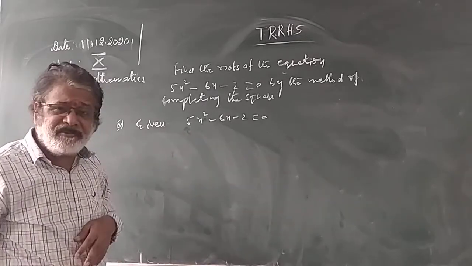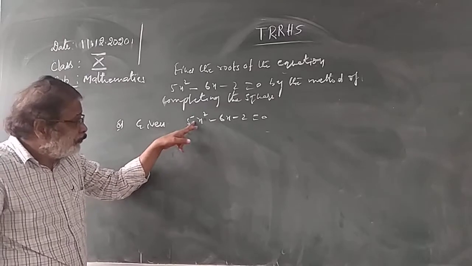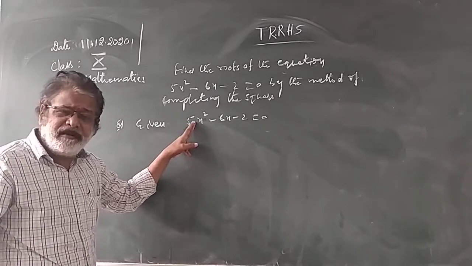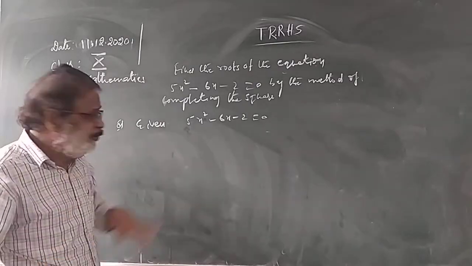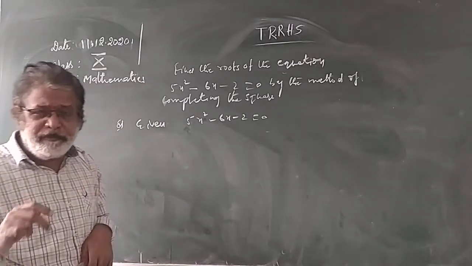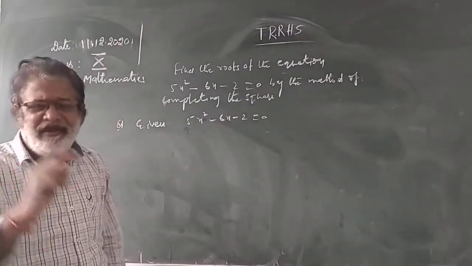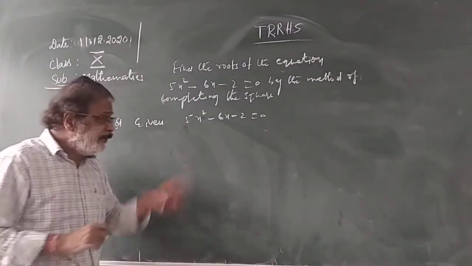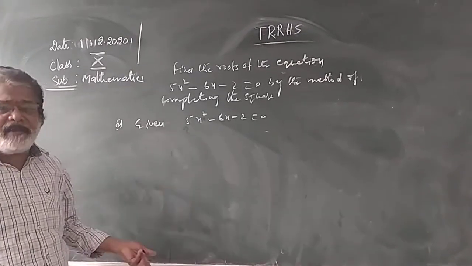5 is not a perfect square, so divide throughout the equation. If it is 4, no problem, or divide by 4 as well; you should make it monic. Monic means the coefficient is 1. To make it 1, you divide by itself, since 5 becomes 1 when divided by itself.